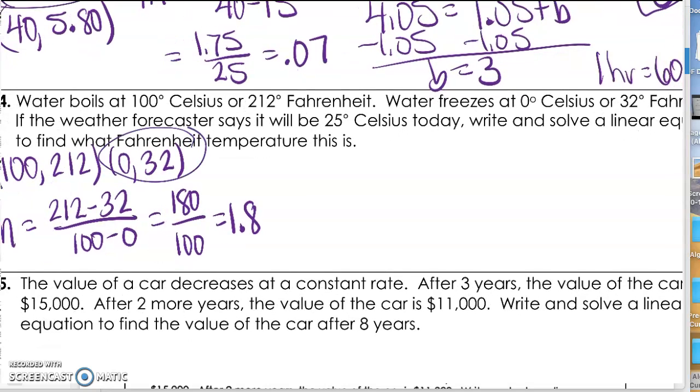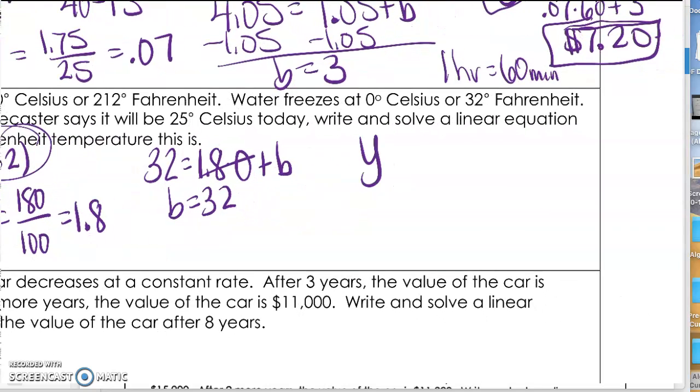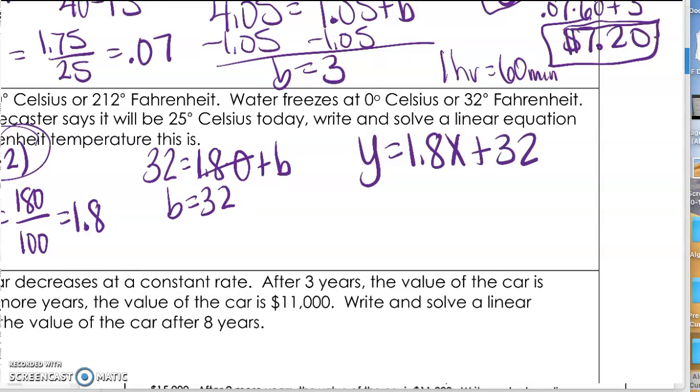So I would use 0.32. Hopefully you just know then that that's your y-intercept, but if you forget, 32 equals 1.8 times 0 plus b, so that goes away and b equals 32. So our equation is y equals 1.8x plus 32.